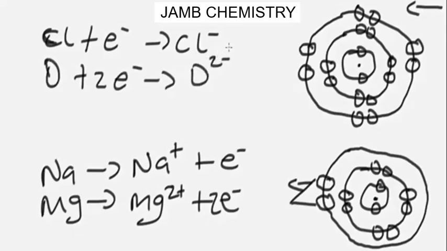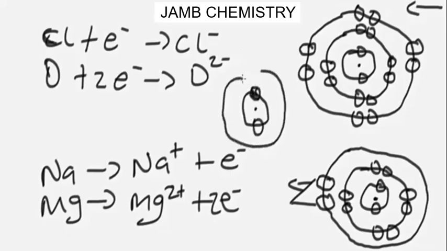Now in the case of oxygen, oxygen has atomic number 8. So this will be the first shell. This is the electron. Now this will be the second shell. So we have 2, 4, 6.